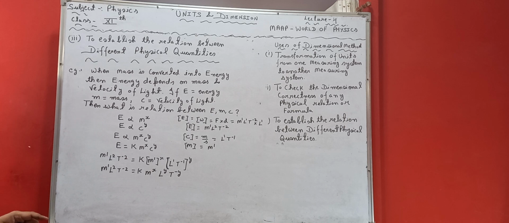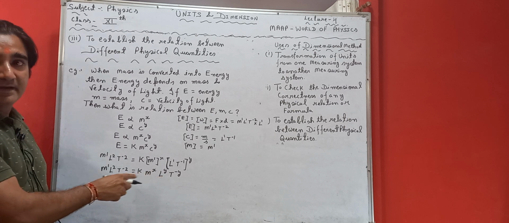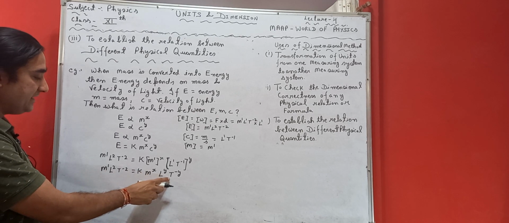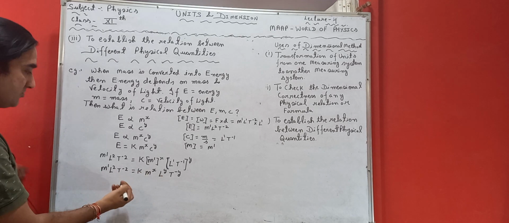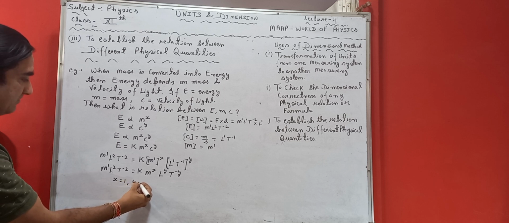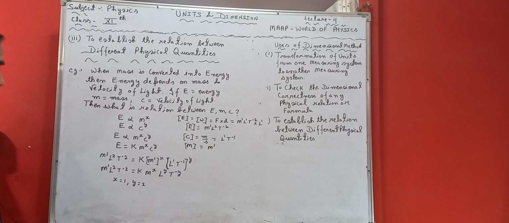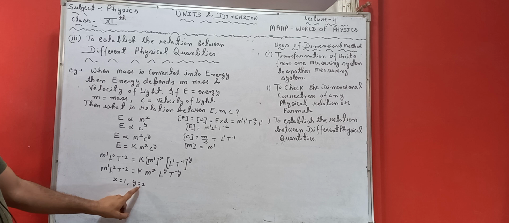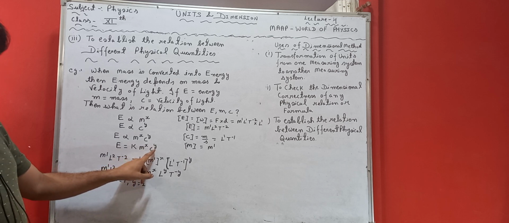If we compare the powers of mass, length and time from the LHS, it will become x is equal to 1 and y is equal to 2. So we can substitute the values of x and y here.